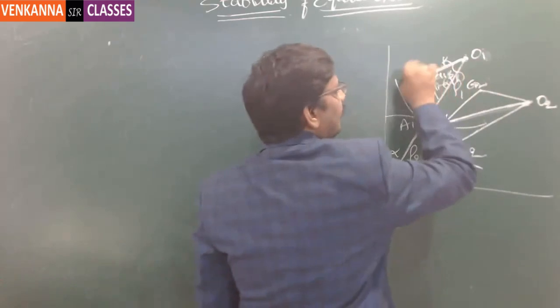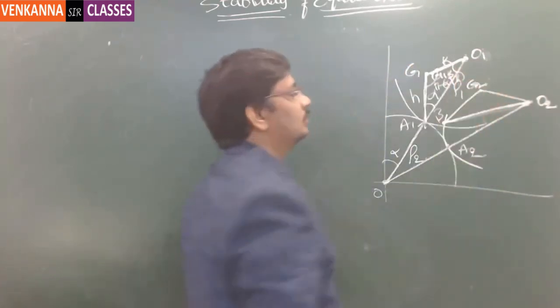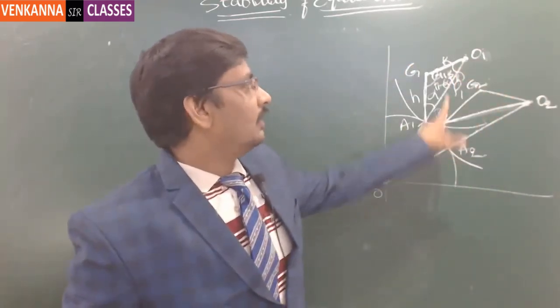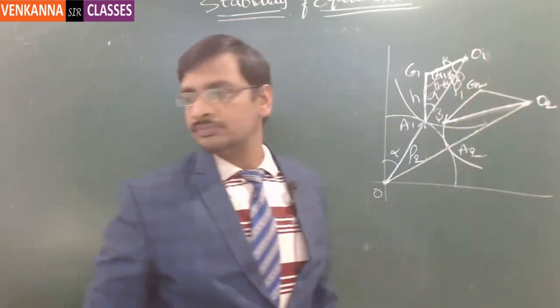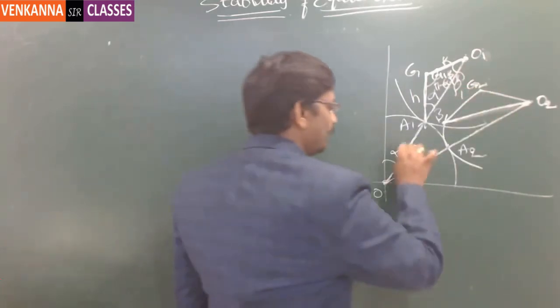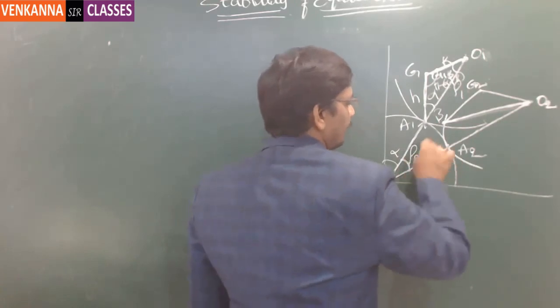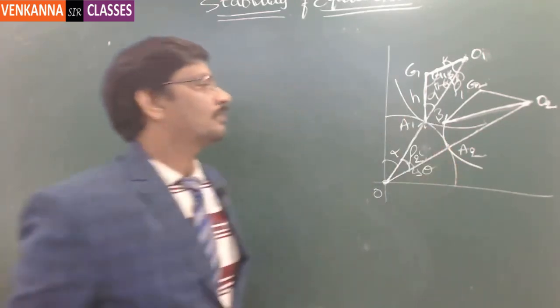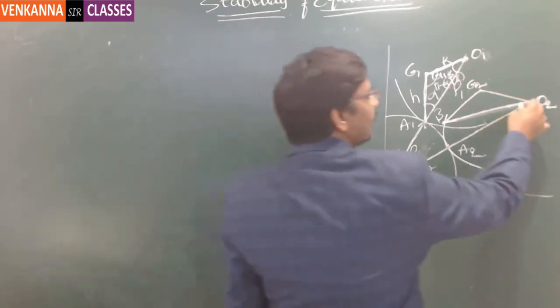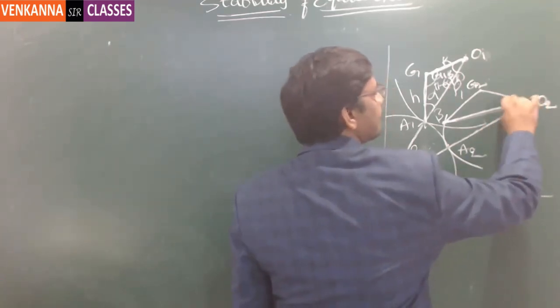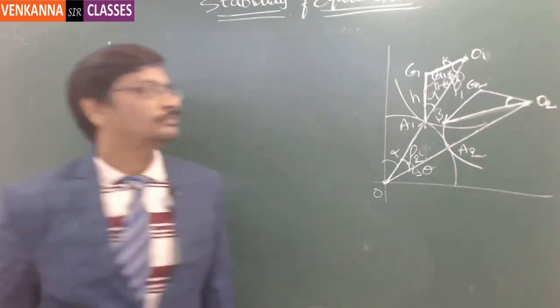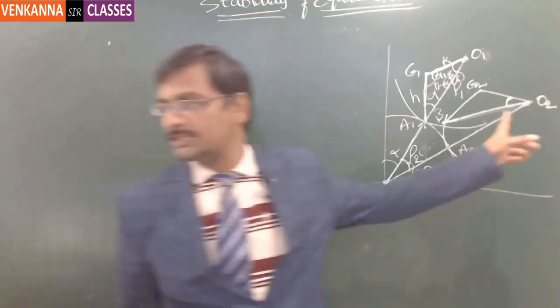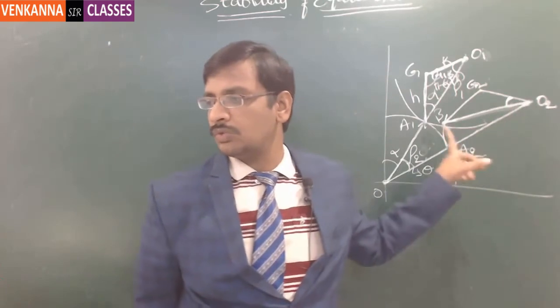So G1 is coming out to be G2, A1 became B and O1 became O2. Let us say it is slipped by an angle of theta. This angle is theta. And then what will be this angle, G2 O2 B?